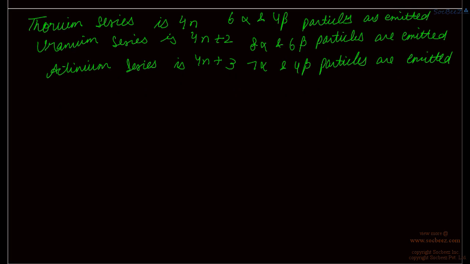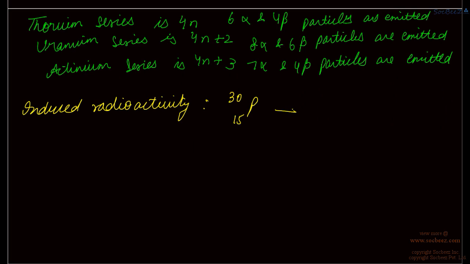Suppose, in the case of induced radioactivity, P15 gives us 30 Si14 plus 1 positron.